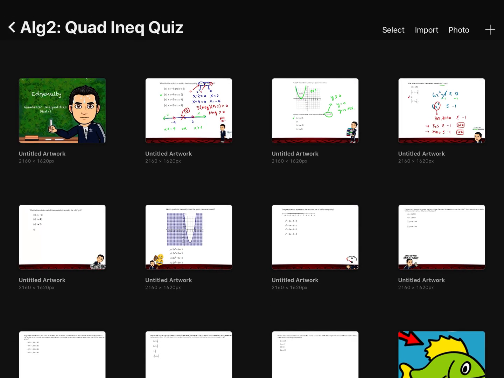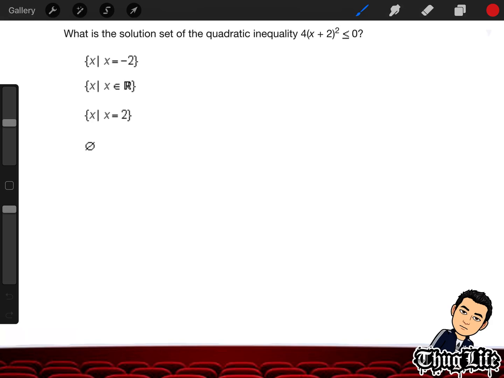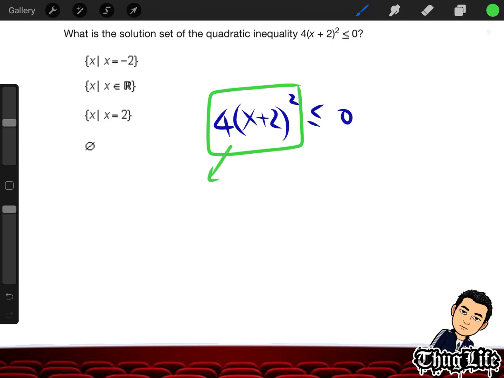Okay, so let's go on and do the next one. What's the solution set of that? Let me rewrite this and make a quick analysis. In this case, the expression could be two things. It could be a positive or it could be 0.